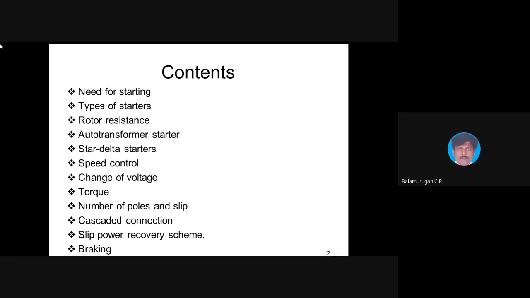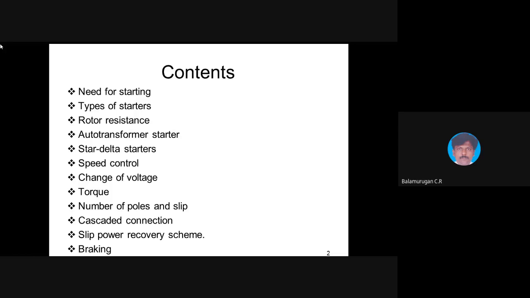Do you know what limiting the starting current means? Due to low resistance in the rotor circuit, in the case of DC we add rotor resistance. But in the case of AC, the starting torque is directly proportional to the supply voltage. In the stator, we apply the three-phase supply, and the rotor is already short circuited.